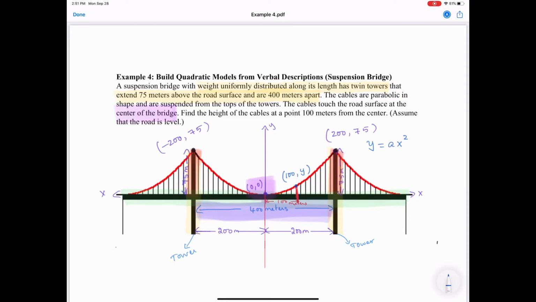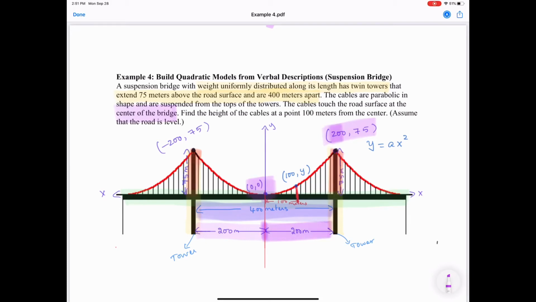With the information given, I already know that this coordinate is 200, 75, because the distance between the two towers is 400. Therefore, if this is the origin, the distance from here to the right would be 200 and to the left would be 200. So the x value is 200.